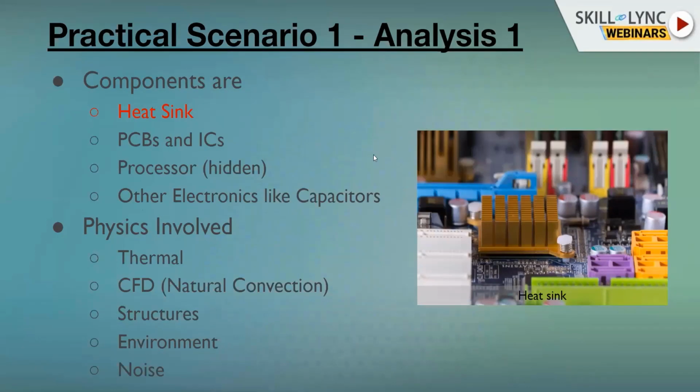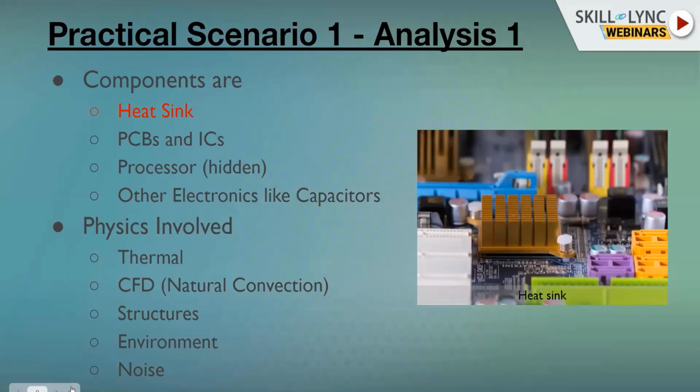On the right side, we have a figure. Here we have a heatsink placed on a PCB, a printed circuit board. There are a lot of ICs. The processor is actually hidden below the heatsink. There are other electronic components like capacitors everywhere on the board.